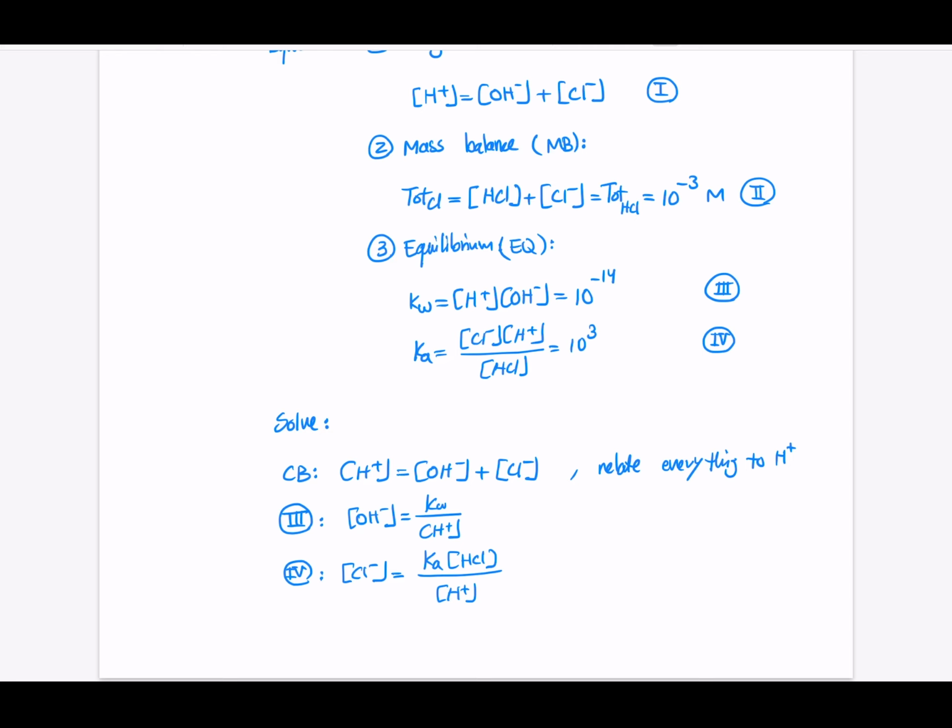So what do we have? No, that's the concentration we added. Yep, we can do equation 2. Exactly. When we look at equation 2, this is what we have, 10 to the minus 3. And now we can calculate this concentration as a function of this guy and that guy.